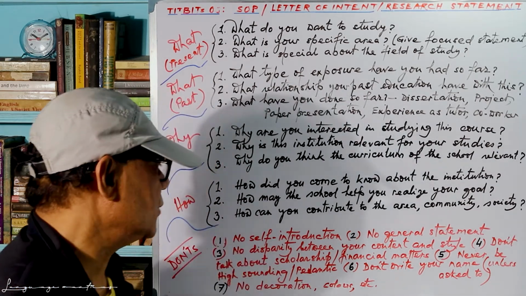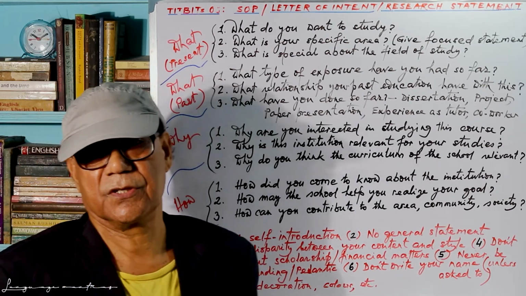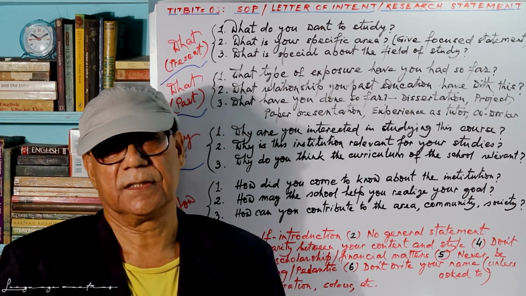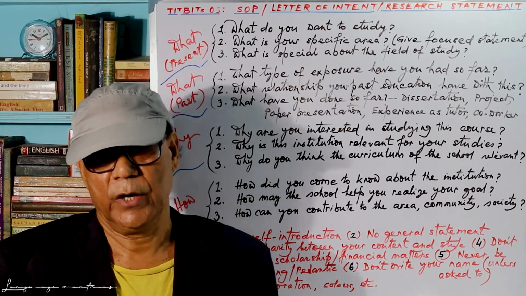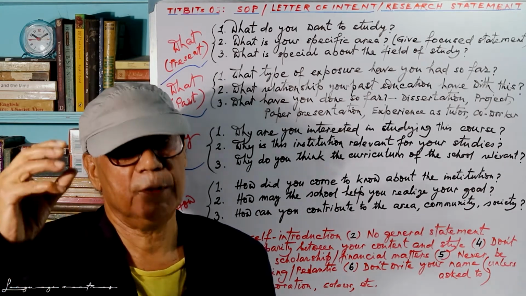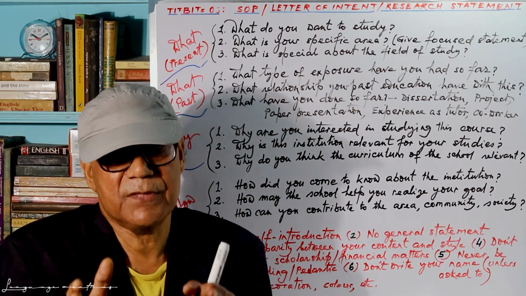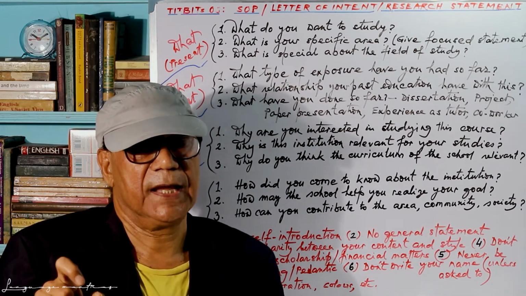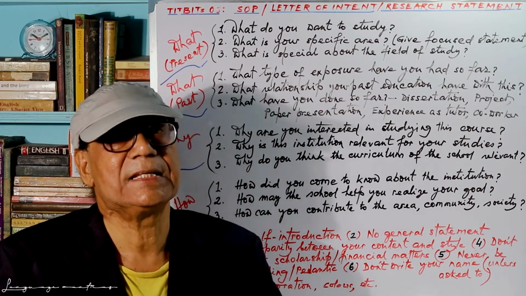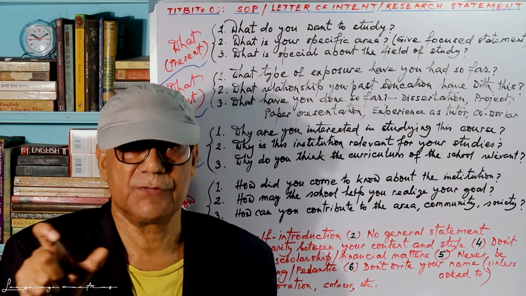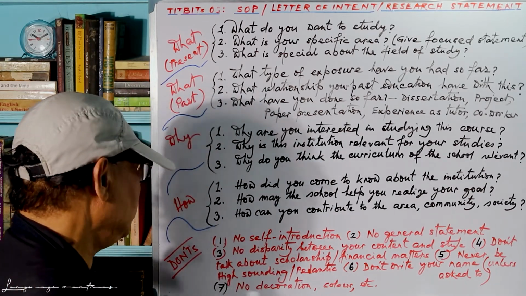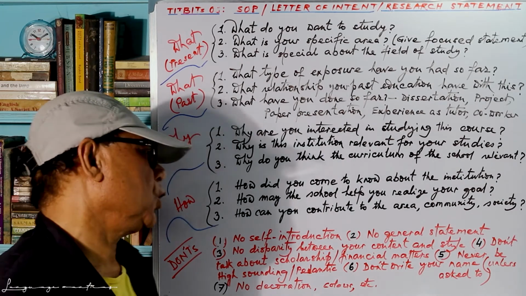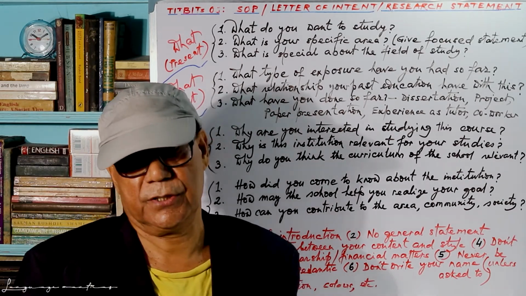You remember this. Number two, no general statement. Nowhere is it applicable. Whenever you speak something, whenever you write something, it should be very concrete, something positive, and there should not be anything that is vague. So that is a very important thing. Number three, no disparity between your content and style. This is important.